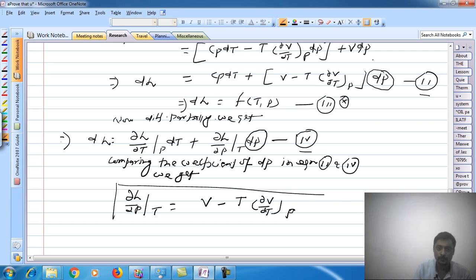This equation we had to prove, and this is proved.